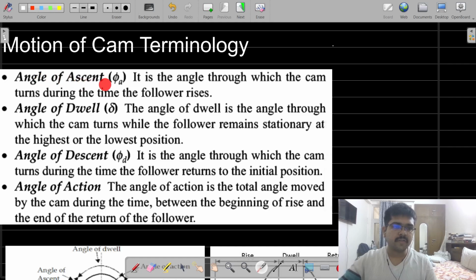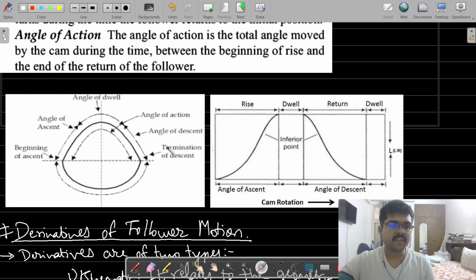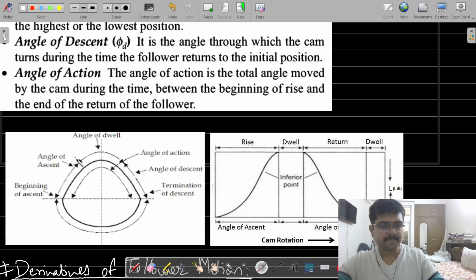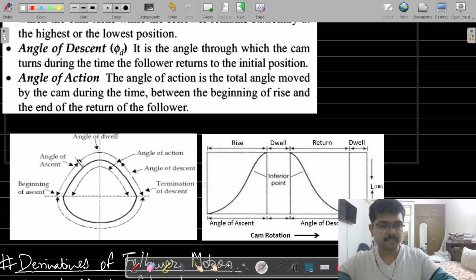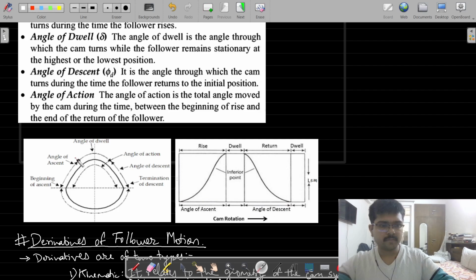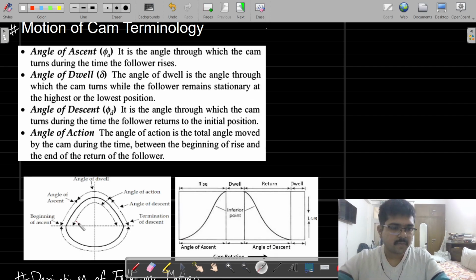First, angle of ascent, which is represented by alpha. It is the angle through which the cam turns during the time the follower rises. In this figure you can see the angle of ascent is this.